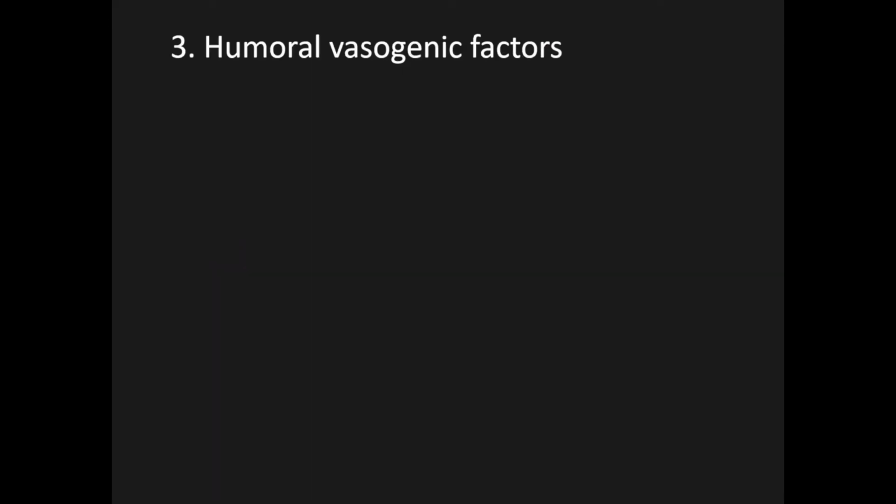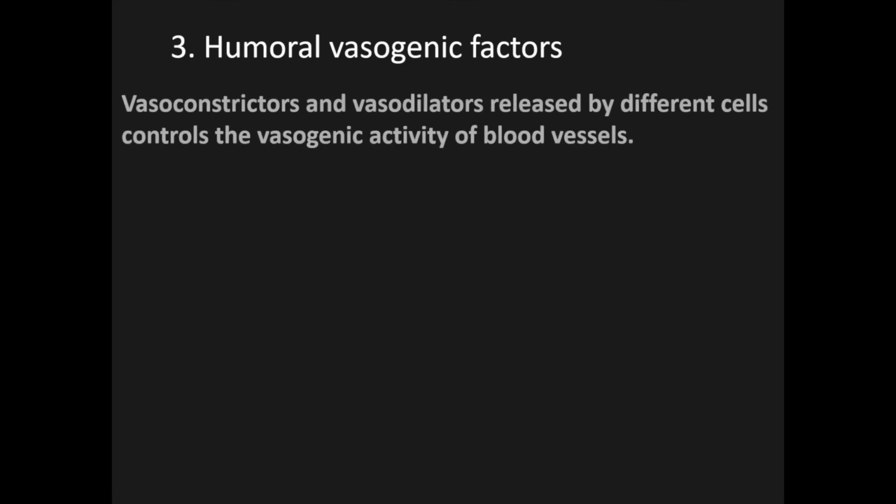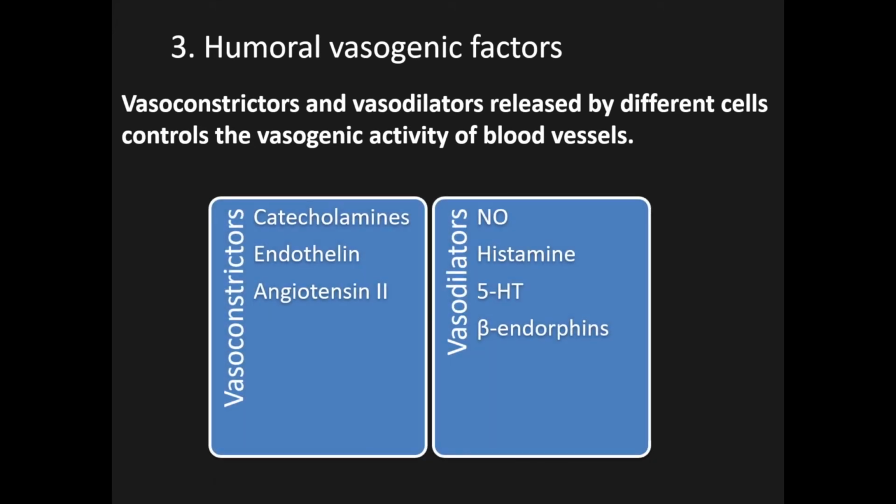Now let's look at the several humoral vasogenic factors that contribute to the pathogenesis of shock, which are several vasoconstrictors and vasodilators released by different cells, and these control the vasogenic activity of blood vessels. The vasoconstrictors include catecholamines, epinephrine and norepinephrine, endothelin, and angiotensin II.